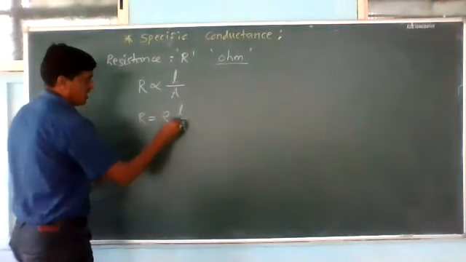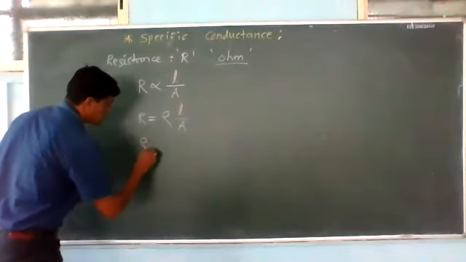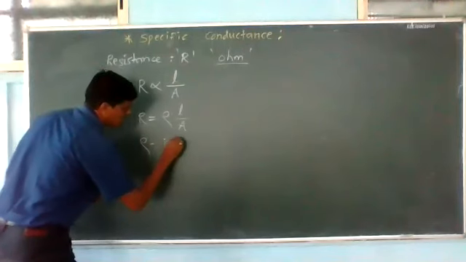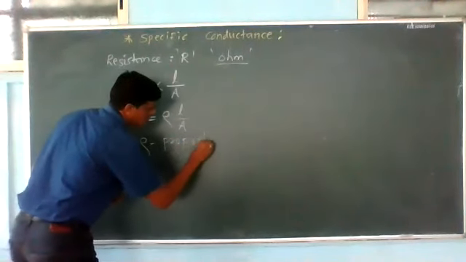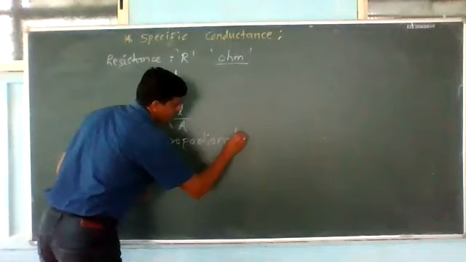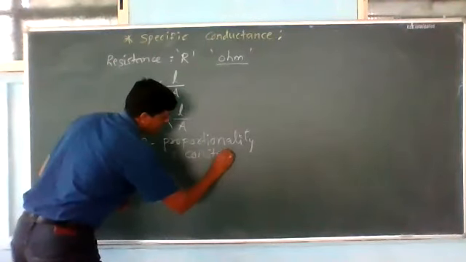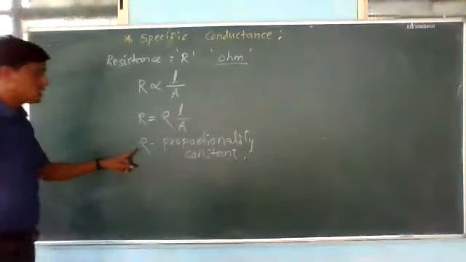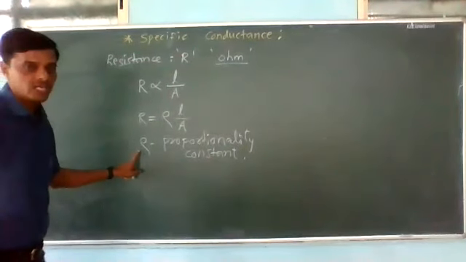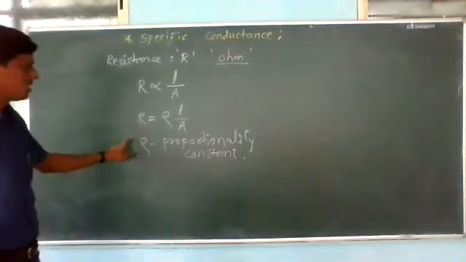Here rho is the proportionality constant.